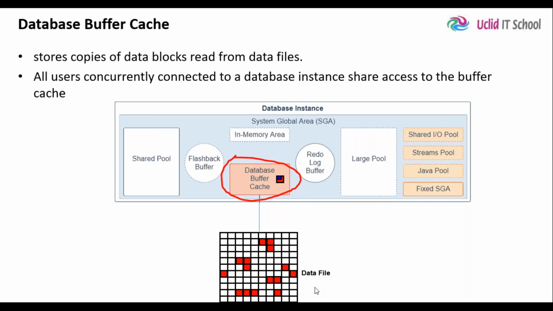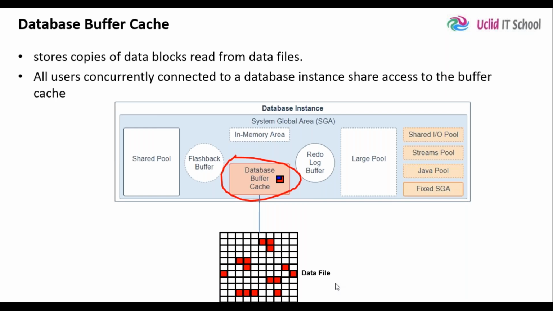The default one is 8 kilobytes. When you create a database, the data block size by default is set to 8 kilobytes. So 8 kilobytes is the minimum unit of storage for an Oracle database. Each one is 8 kilobytes, and data is stored in these regions.